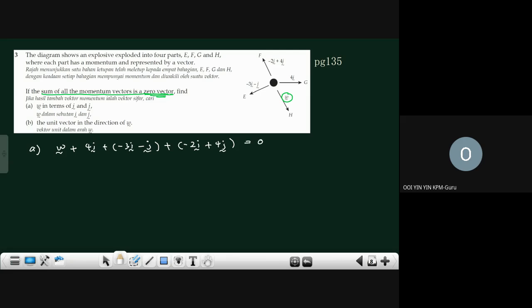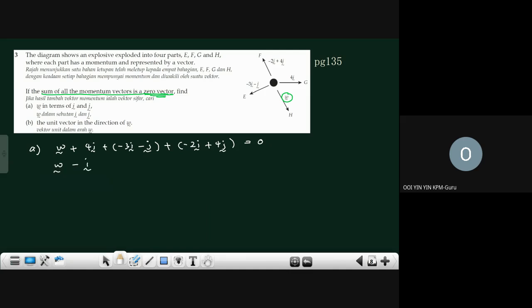Before we move to the 0 side, why don't we simplify whatever we can simplify here? Find the same terms. Your 4i minus 3i minus 2i, 4 minus 3 minus 2, will give you negative 1i.